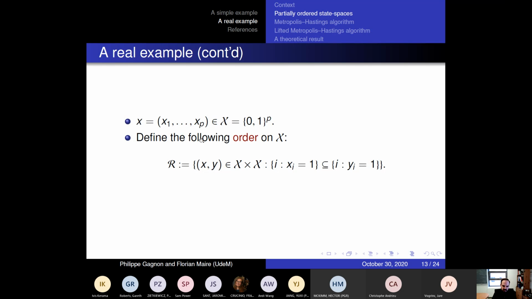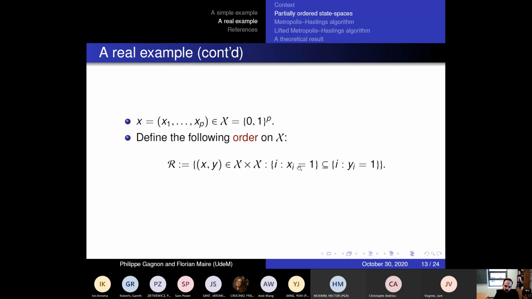Okay, so to explain this, I will define the following order through the set R. So I have this pair of states, x and y, and they respect some conditions. So imagine that you fix y.